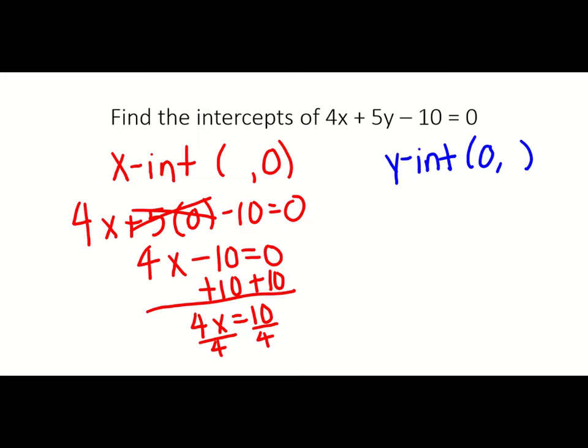Now, 4 doesn't go into 10. However, 2 does, and 2 also goes into 4, so this would simplify to the fraction 5 over 2. So we would say the x-intercept is at (5/2, 0).